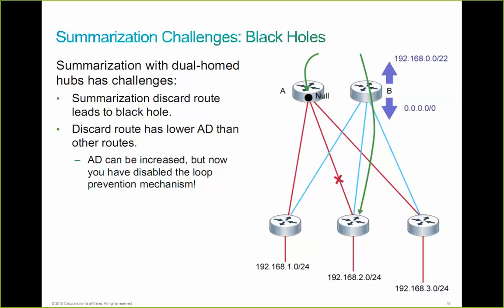Well, ultimately, that means that there are going to be networks in that summary that the router doesn't own or the router doesn't know about, okay? So in order to prevent packets from matching a default route or being routed in some fashion that aren't supposed to be routed, we create this null zero route, which is a bit bucket for packets that don't match more specific routes that are part of that summary, okay?